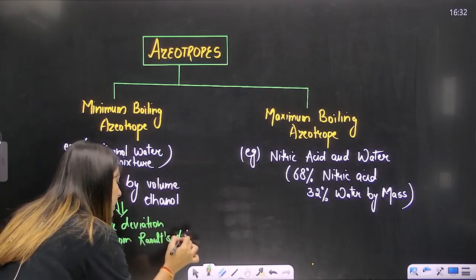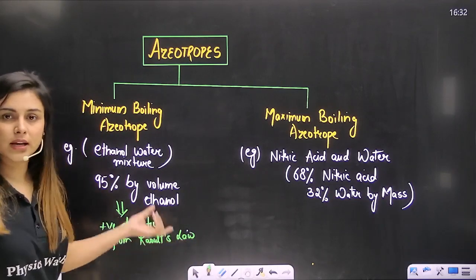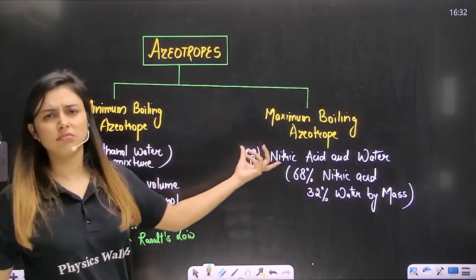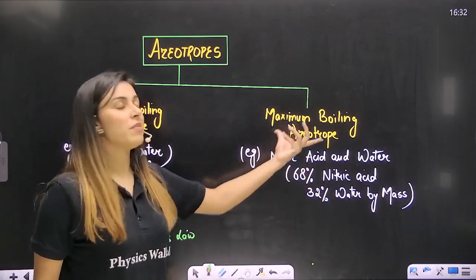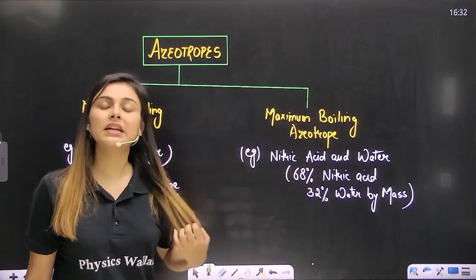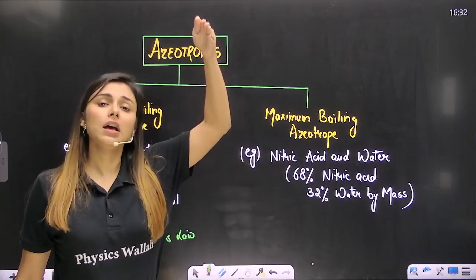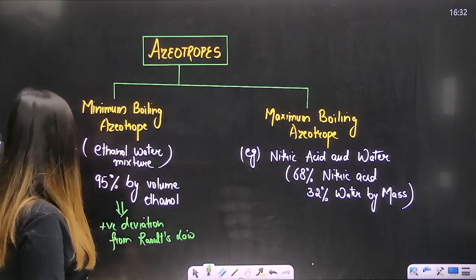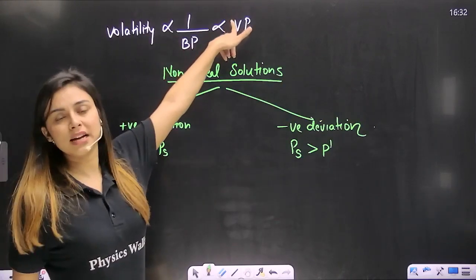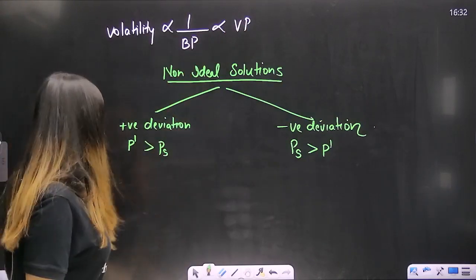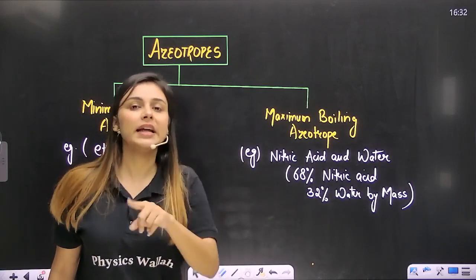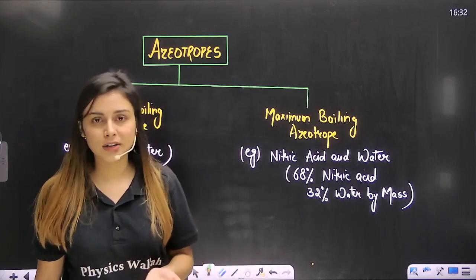Okay, I hope this is clear with you. No issues. Now let's come to the maximum boiling azeotrope. If you found this, you can very easily find that. If you have maximum boiling azeotropes, this means that these azeotropes have very high boiling points. If they have high boiling points, this means that their vapor pressure should have been less. And vapor pressure is less in the case of negatively deviated non-ideal solutions.